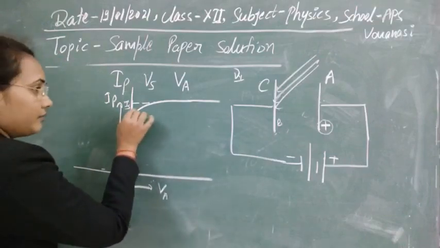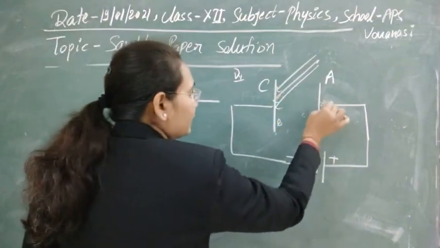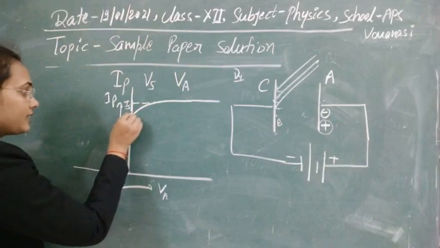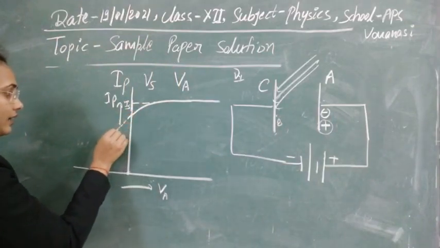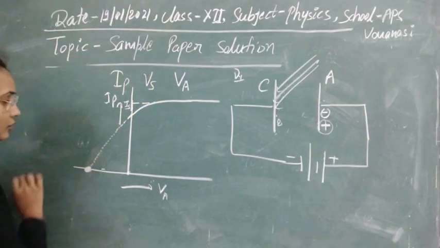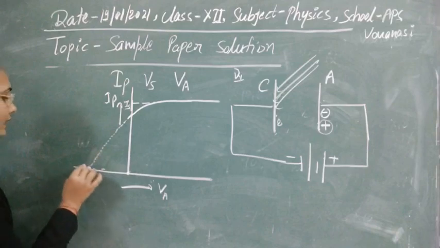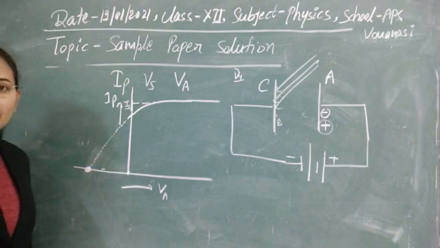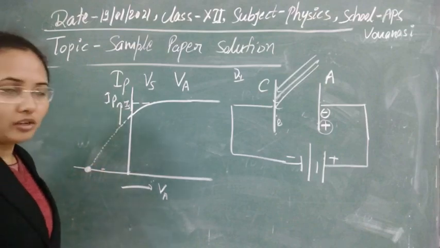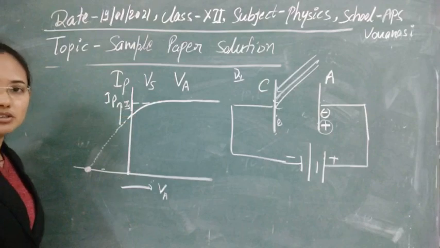But when we increase the negative potential on the anode, it starts to repel these electrons, so fewer and fewer electrons reach the anode. Ultimately, at some negative potential, no electrons are able to reach there, and finally the current becomes zero. This potential, you know, is the cutoff potential, or threshold potential, as we call it.